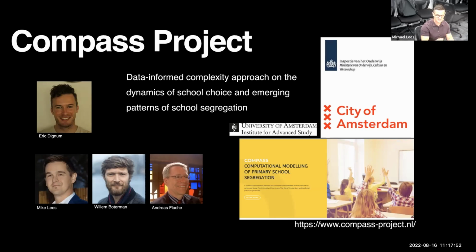So you really need someone who's an expert. Andreas Flacker is also a computational sociologist at the University of Groningen, who's working on the project with us. And we're actually financed directly by the City of Amsterdam and the Inspectorate for Schools. So the Inspectorate for Schools in the Netherlands, one of their responsibilities is to look at and measure things like segregation.